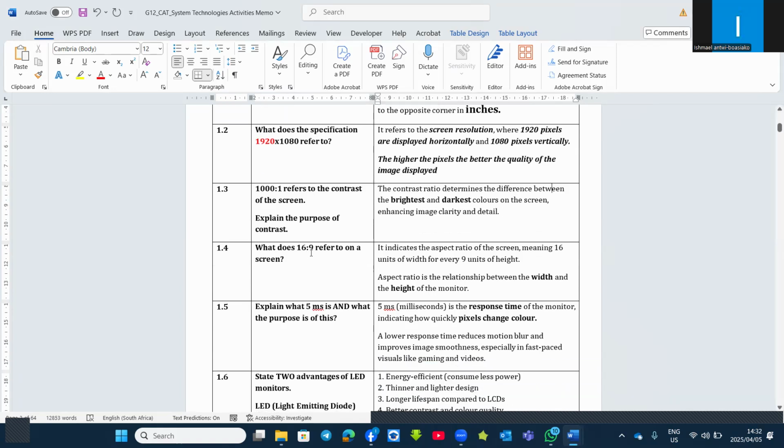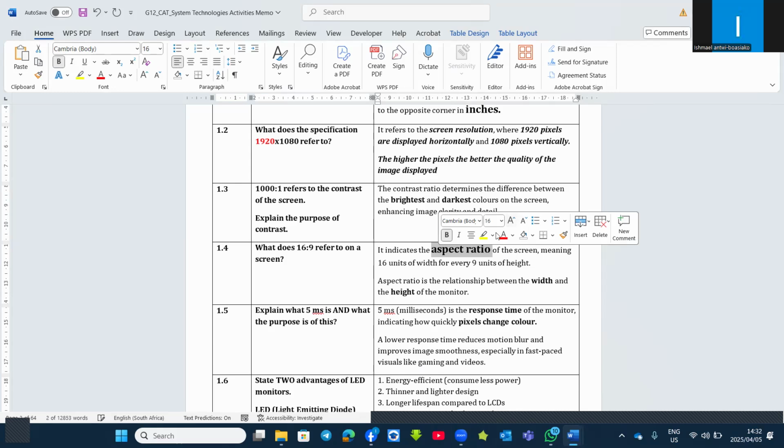And then we also have 16:9. What does it refer to on a screen? When you see 16:9, it indicates what we call the aspect ratio. So we have the contrast ratio and then we have the aspect ratio. The aspect ratio is the ratio between the width and the height of the monitor.